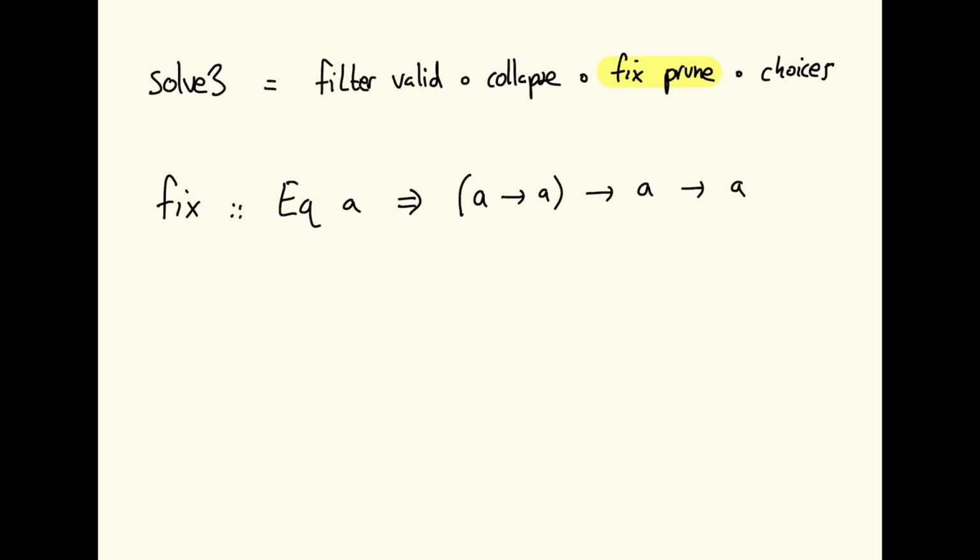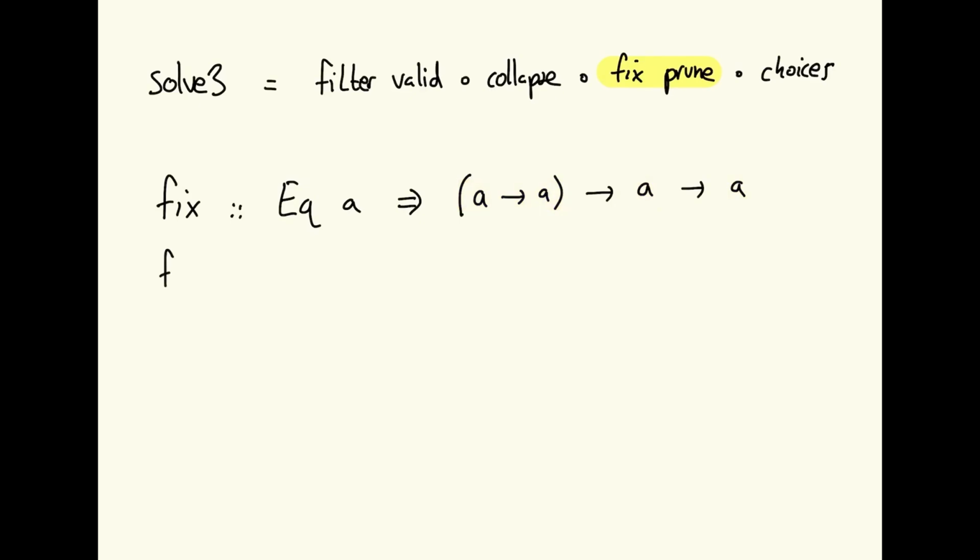Okay, so the type's a bit weird, but the basic idea is very simple. We're going to take a function as an input here, and we're going to take an input to the function, and we're going to iterate the function as many times as possible until the output is the same as the input, and then we'll give back the result. Okay, so how does this work in practice?